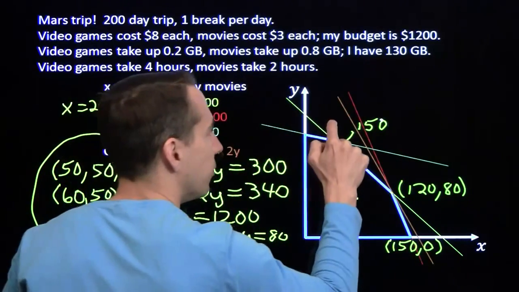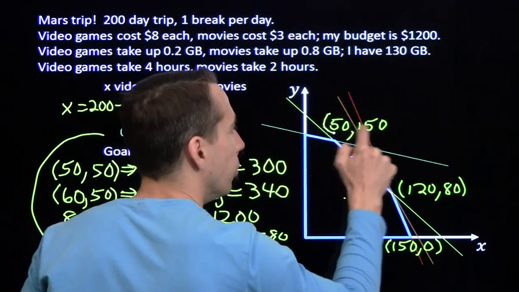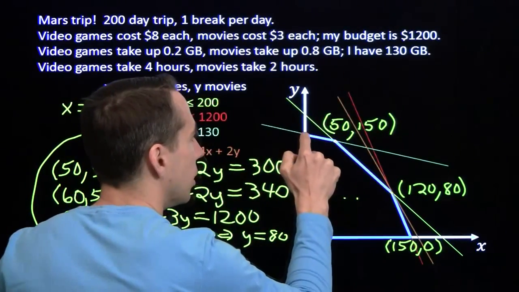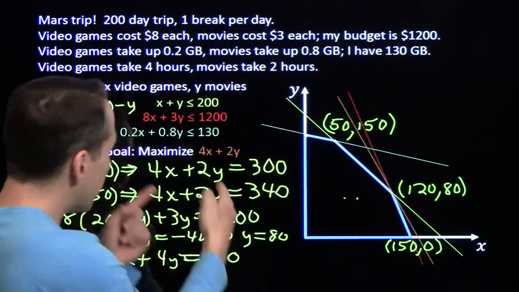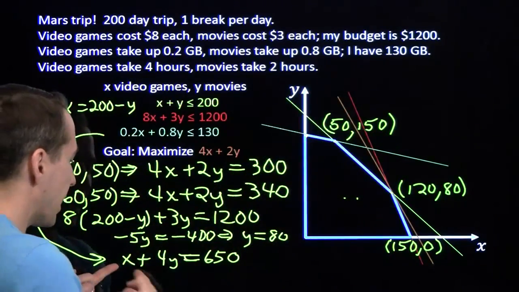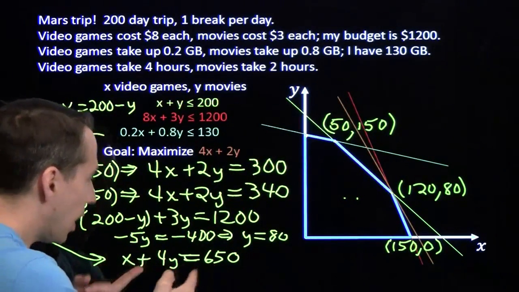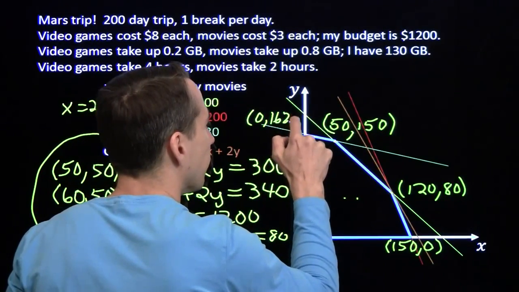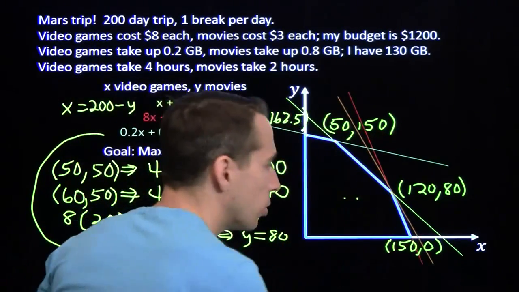So x will have to be 50 because x plus y equals 200 on the yellow line. So that's this corner up here. And then last is that corner right there where this hits the y-axis. That means x equals 0. Divide by 4. Y is 162.5. So these are the corners we have to worry about.